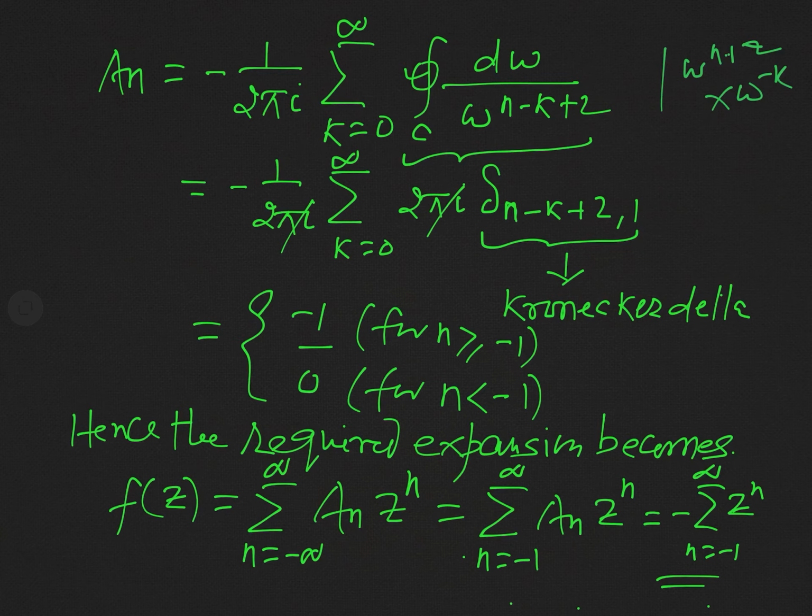So this a_n vanishes for all the values of n which are less than minus 1. So from minus 1 to minus infinity, all the values of a_n will be 0, and it will have a non-zero value, and that value is in fact minus 1, for all n greater than minus 1. So we can write the required expansion.